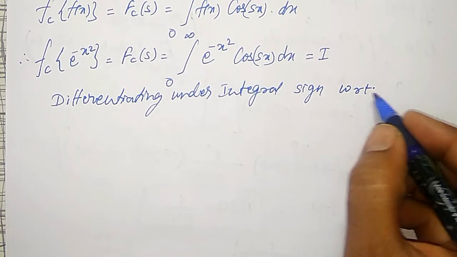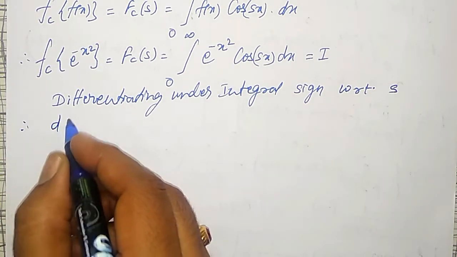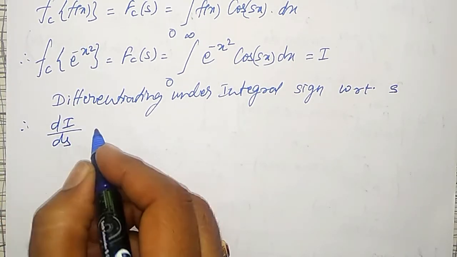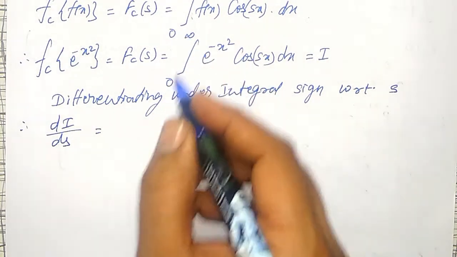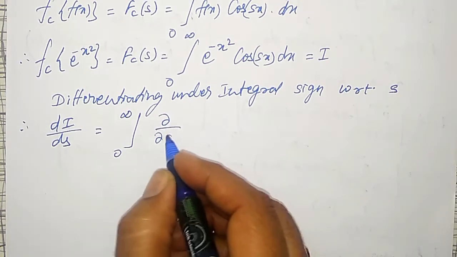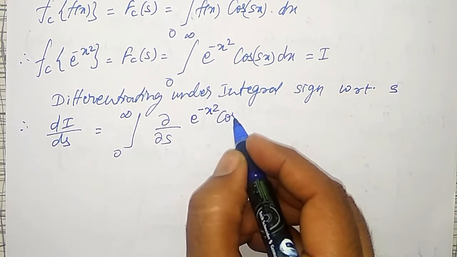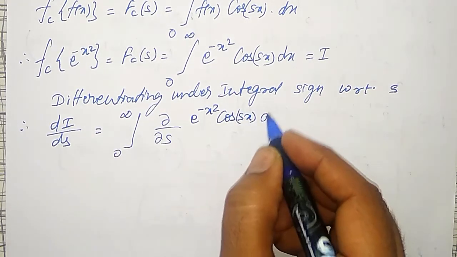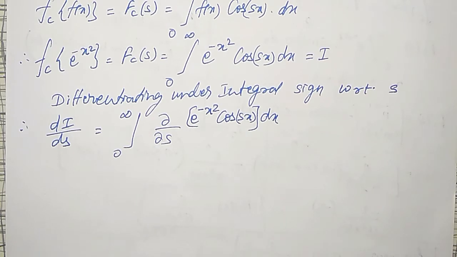Therefore, differentiating under integral sign with respect to s, dI by ds is equal to, under integral sign, and both are constants here, it will become a partial derivative with respect to s of e to the power minus x square into cos sx dx. This one I have to differentiate under integral sign partially with respect to s.